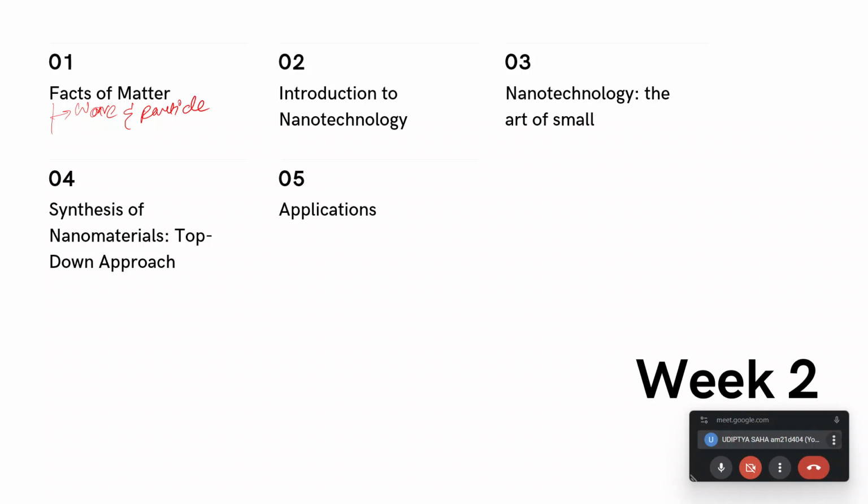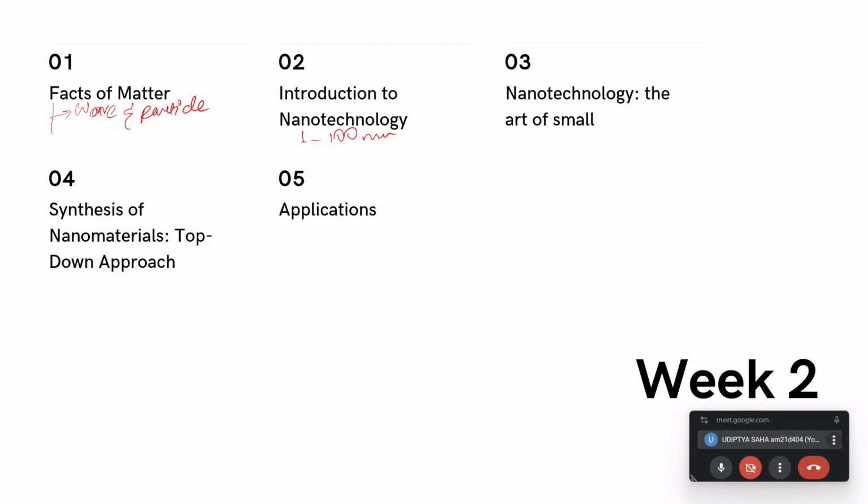Then coming to introduction to nanotechnology, you understood what nanotechnology is. In nanomaterials, we have to have at least one dimension in the range of 1 to 100 nanometers. That is basically what we understand in nanotechnology.